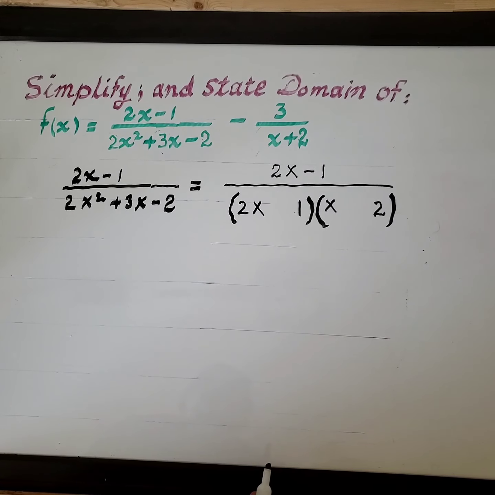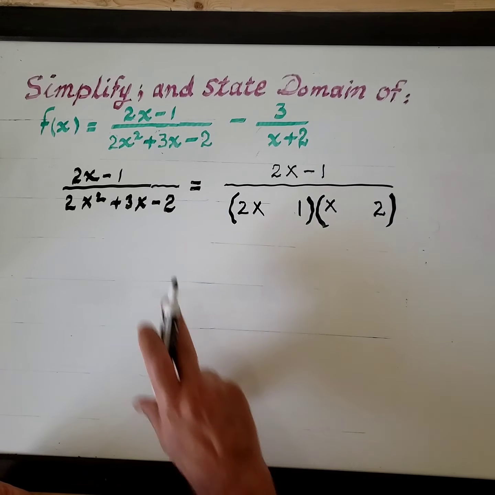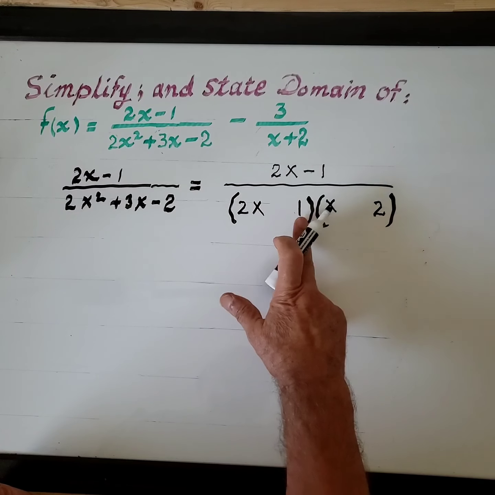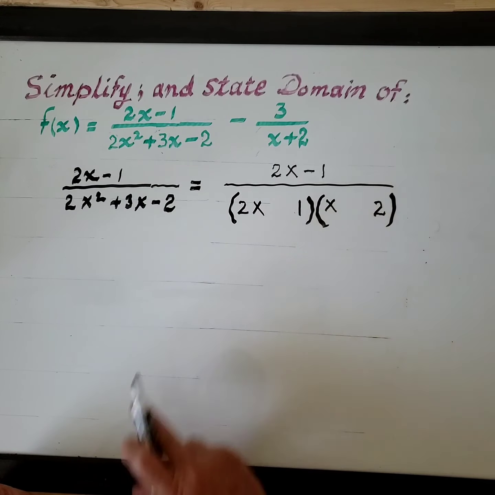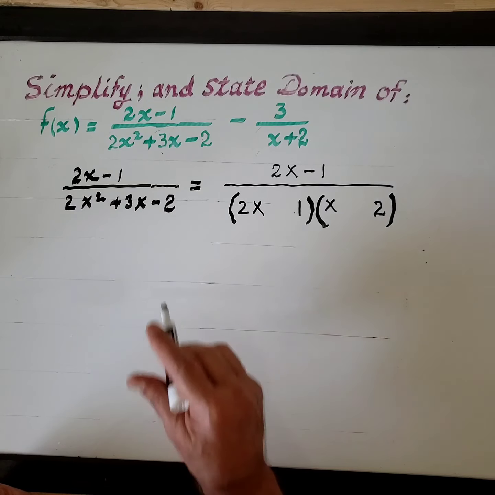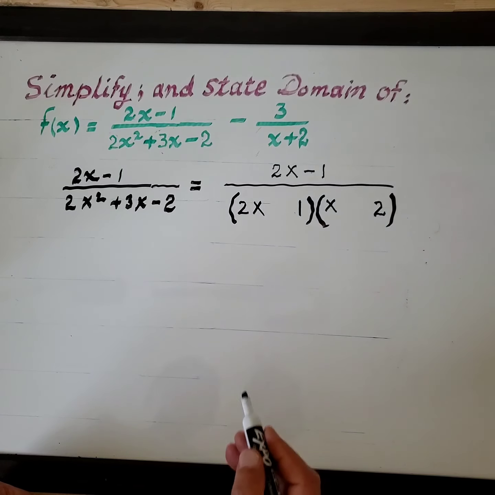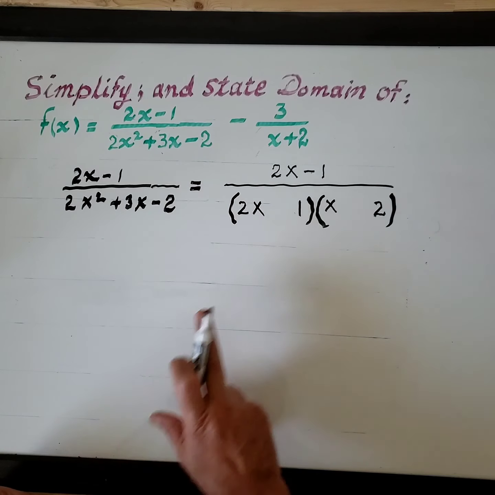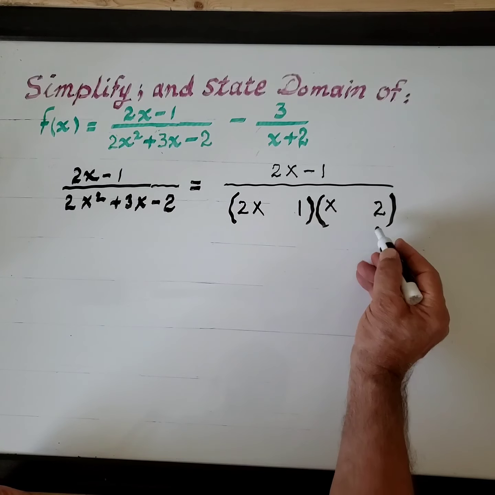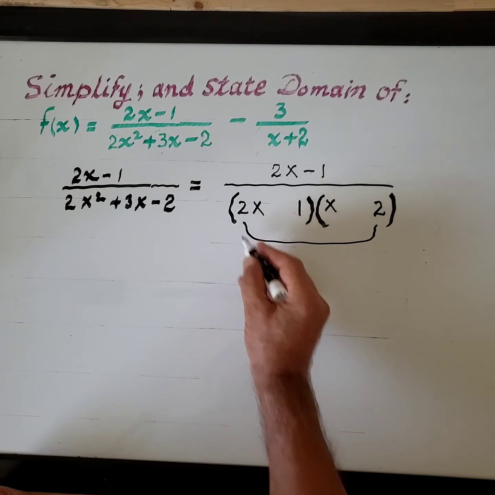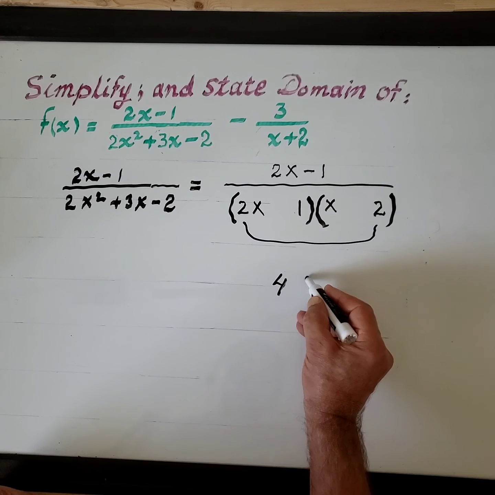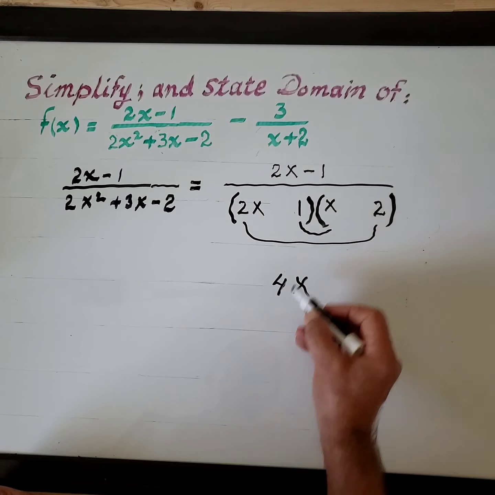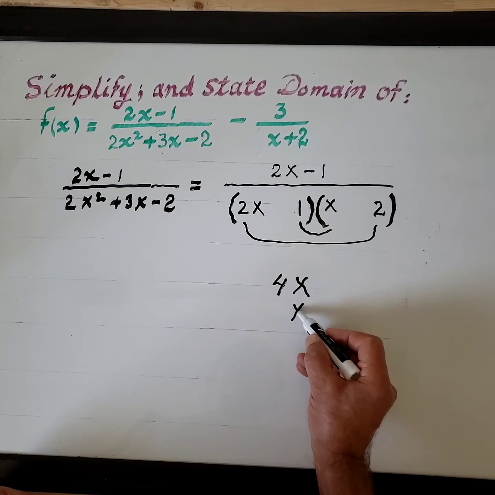Now about the sign, you see the sign here is negative. That means those should be different signs. I'll put the sign of the middle one for the bigger number. This the bigger number, 2 times 2x, that means 4x. And here 1 times x means 1x.